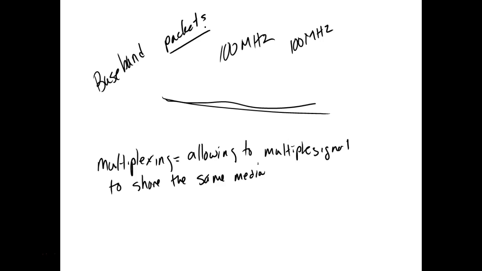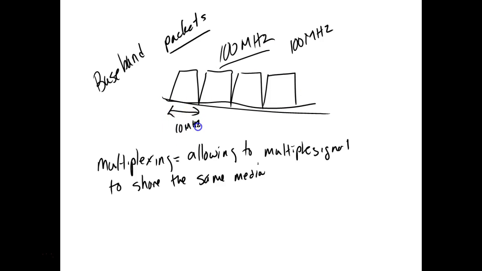The other way we do it is we modulate the data. This is called broadband. So broadband would be I come up here and I have 100 megahertz. I might have 10 devices that I can put on there, but each one of them gets a bandwidth of 10 megahertz. This is broadband.